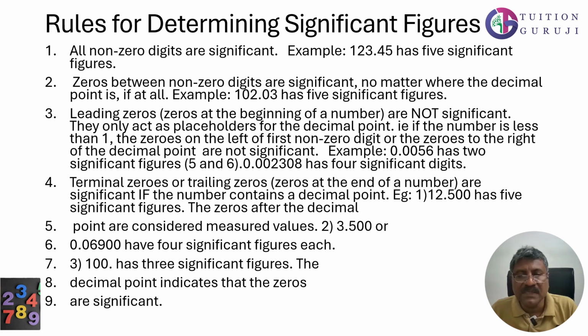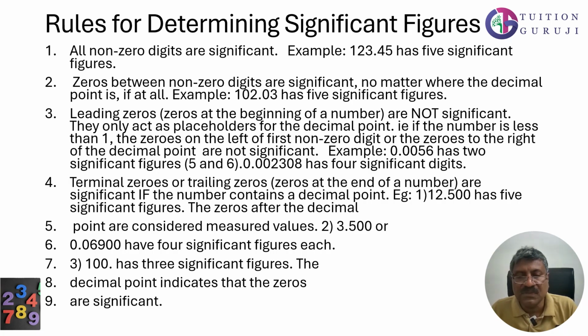They only act as placeholders for the decimal point. That is, if the number is less than 1, the leading zeros on the left of the first non-zero digit, or the zeros on the right of the decimal point, are not significant. For example, 0.0056 has only 2 significant figures, 5 and 6. 0.002308 has 4 significant digits.